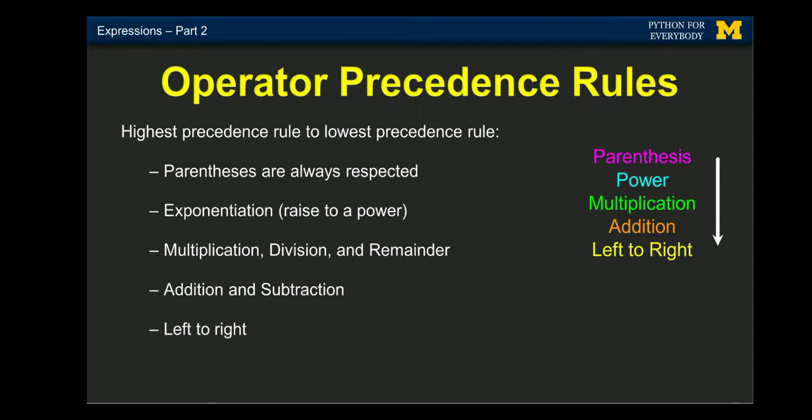Suppose you encounter multiplication, division, and remainder in a single line, then you are going to execute them from left to right. These are the simple and most important operator rules through which you are going to execute an expression.